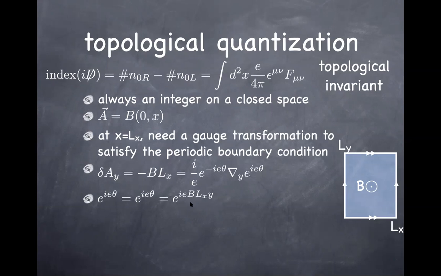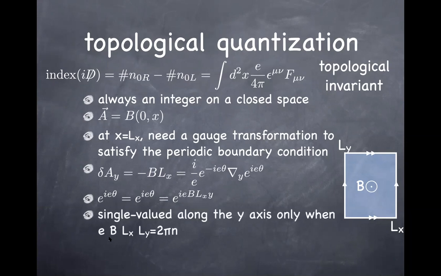But this gauge transformation is defined along the right-hand side of the rectangle, so it also needs to satisfy periodicity in the y direction, because the bottom edge and the top edge are identified. What that means is that when y changes by Ly, the phase has to be a multiple of 2 pi. So what appears in the exponent is e B Lx times Ly, and that has to be 2 pi n.